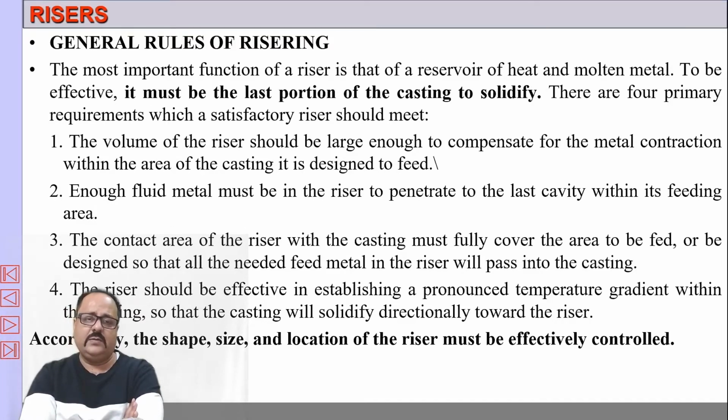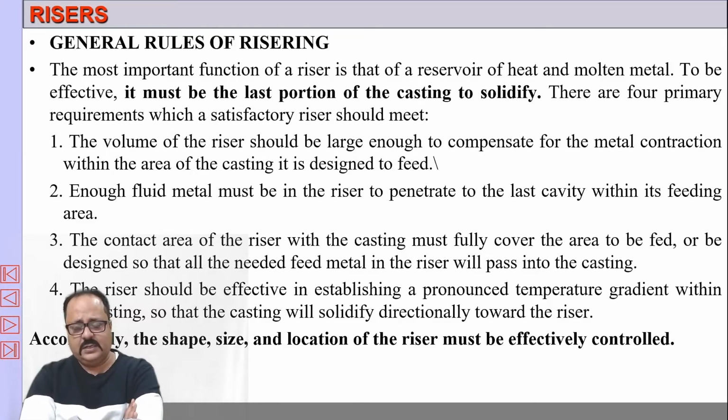So normally we have one or more risers depending on the size of the casting. It should have enough liquid metal to compensate for the shrinkage. If a riser is not there, it will result in a shrinkage cavity. So the riser is there to prevent the shrinkage cavity.